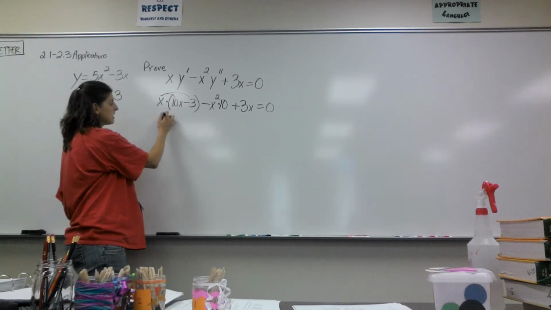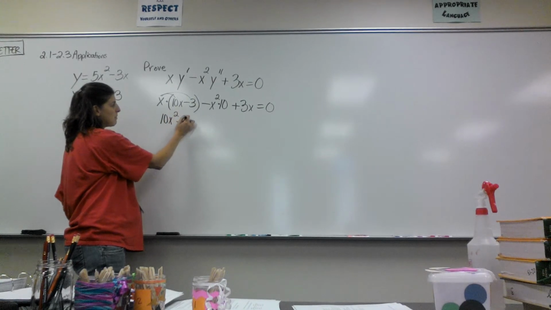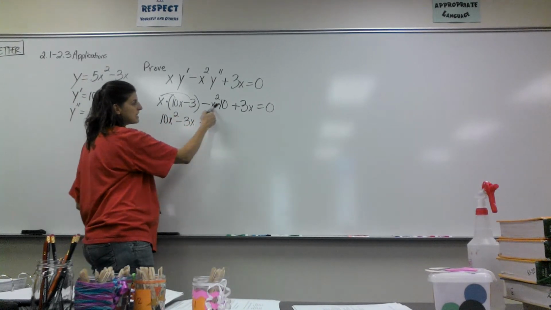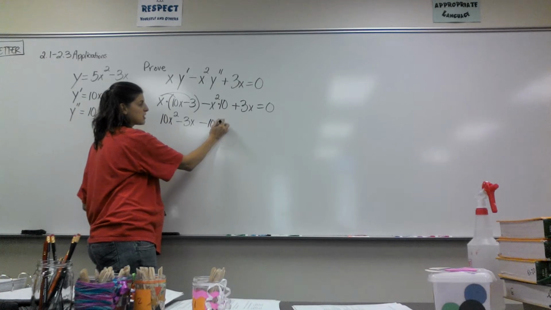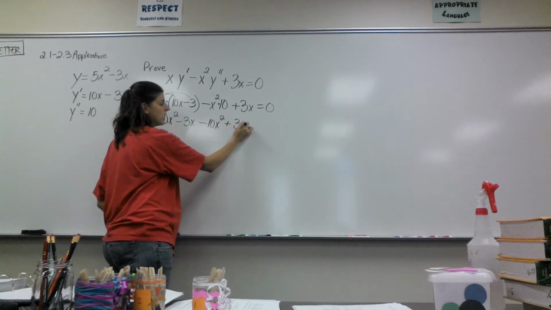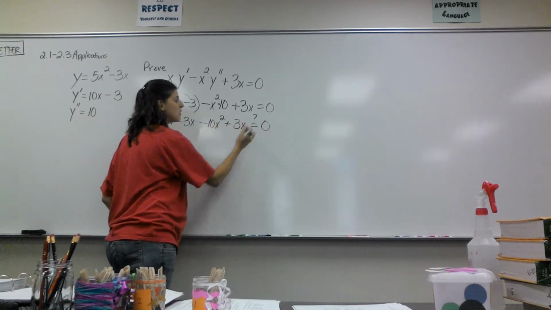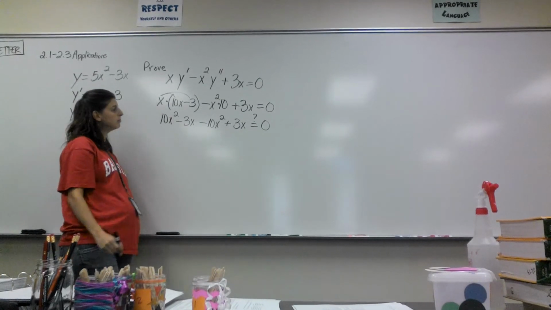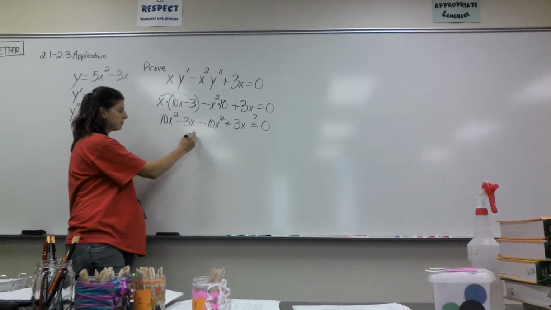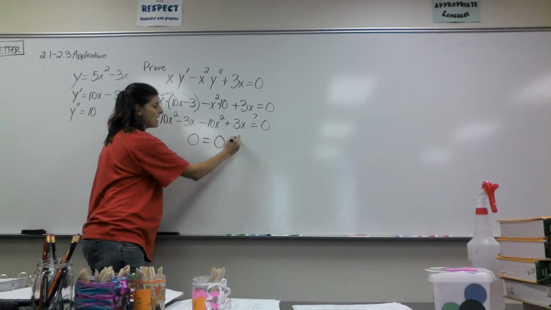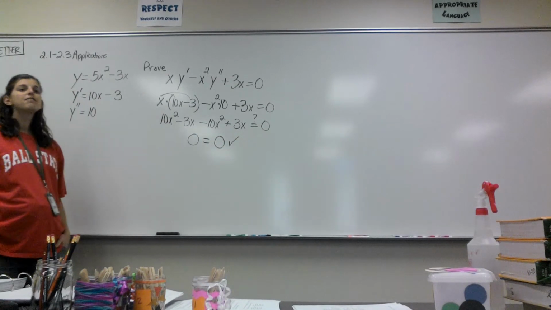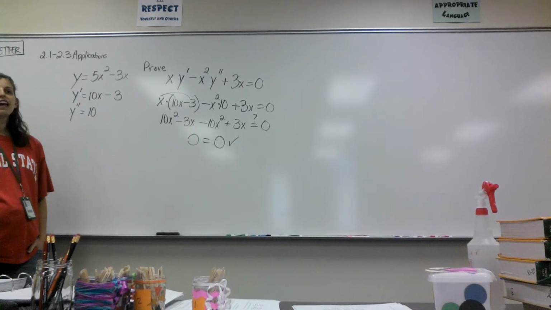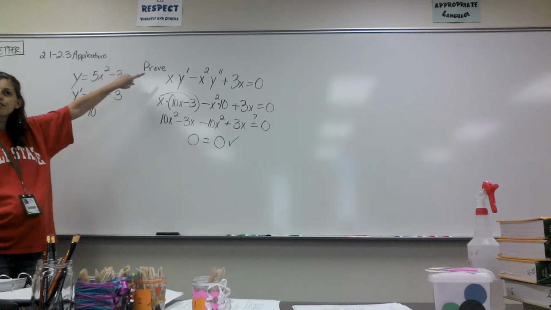Distribute your x: 10x squared minus 3x, minus x squared times 10 is 10x squared, plus 3x. Does that equal 0? Yep. You just verified that this satisfies the differential equation.